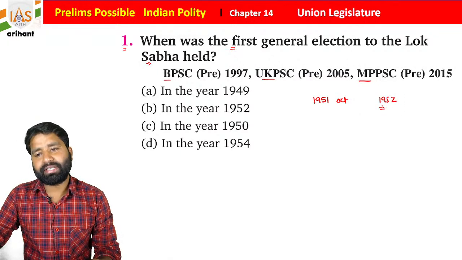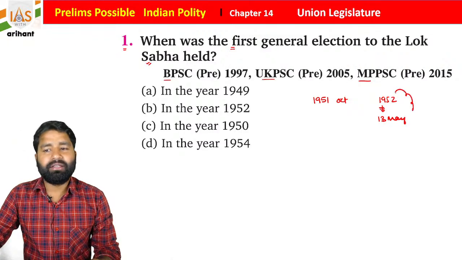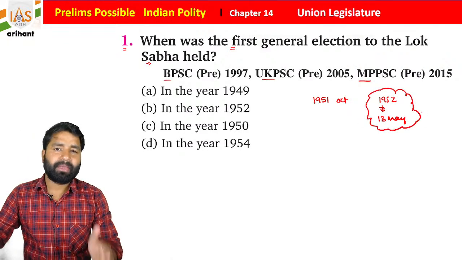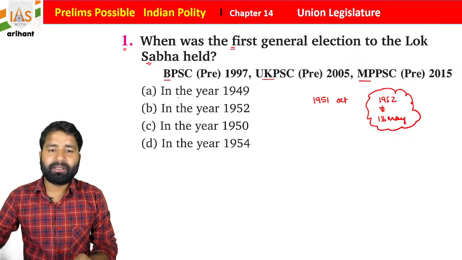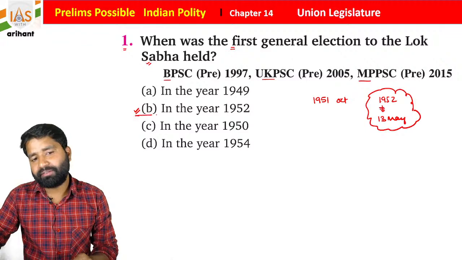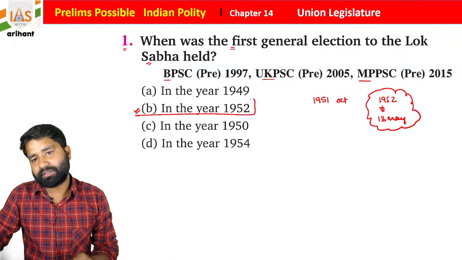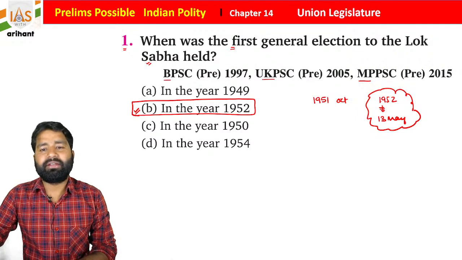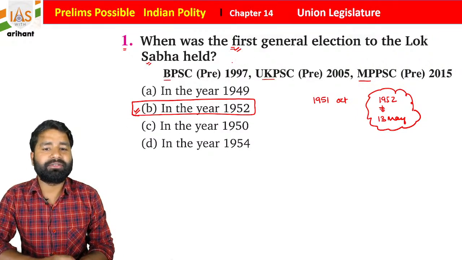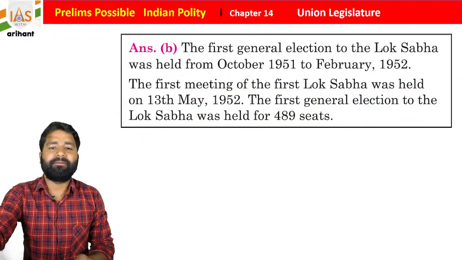Then, students, on 13th May 1952, the newly elected members of the Lok Sabha, the House of People, met, and this process started in 1952. So when was the first general election to the Lok Sabha held? It was in 1952, students.